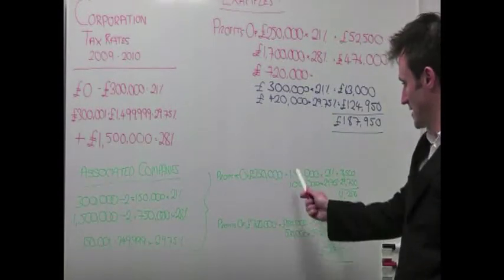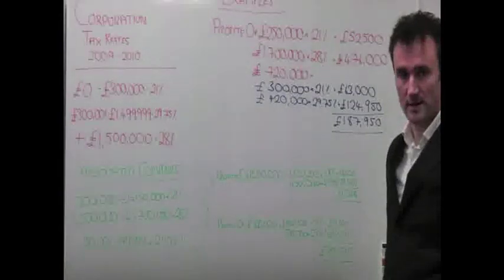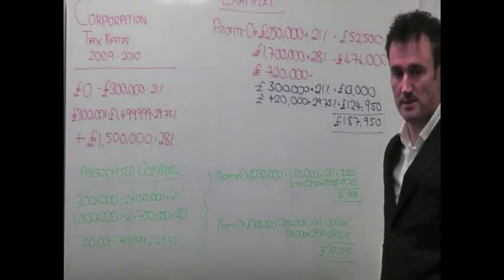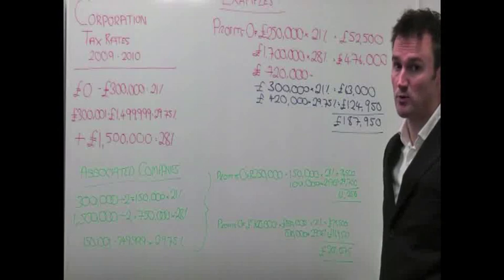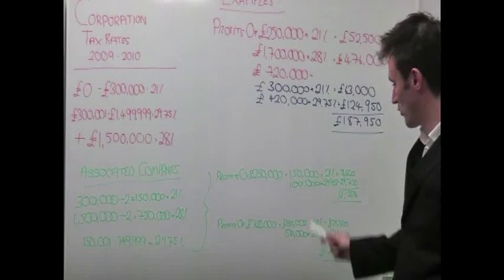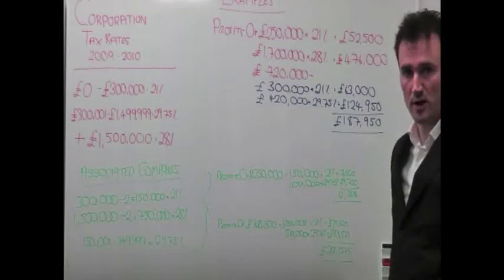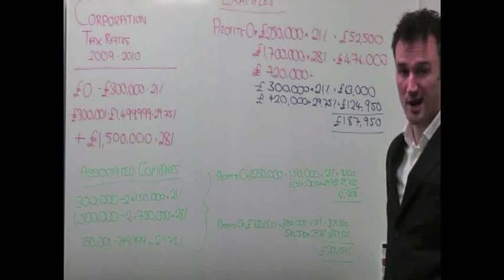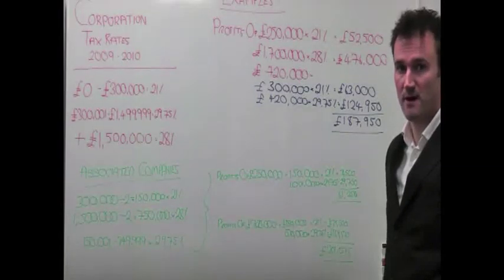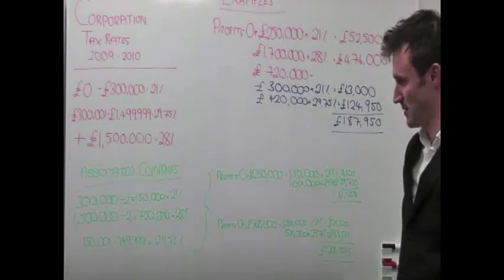The reason is that only the first £150,000 is taxed at 21%, as opposed to previously when all of the £250,000 was taxed at 21%. Unfortunately now we have £100,000 that falls into the small companies relief marginal band, which is currently taxed at 29.75%, hence that has increased the tax bill.